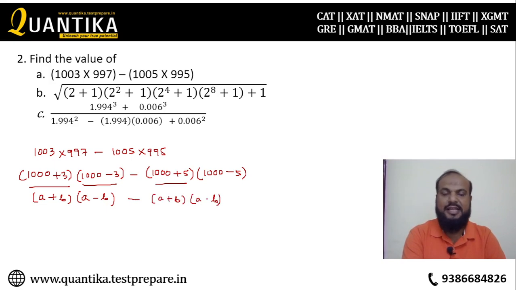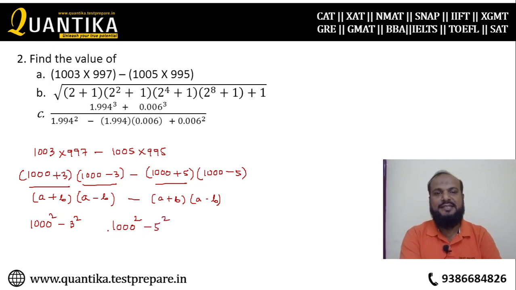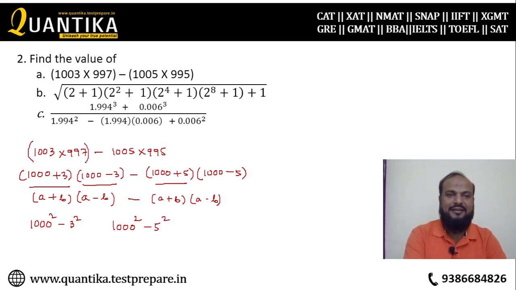You know the formula a square minus b square. So here it will be 1000 square minus b square, and here it will again be a square minus b square. The a is the same in both cases, the b is different. I will keep it in a bracket because we have a minus in between.